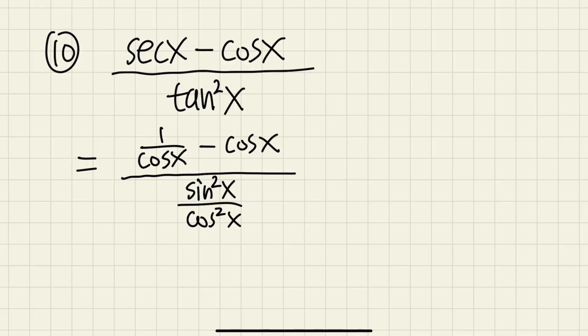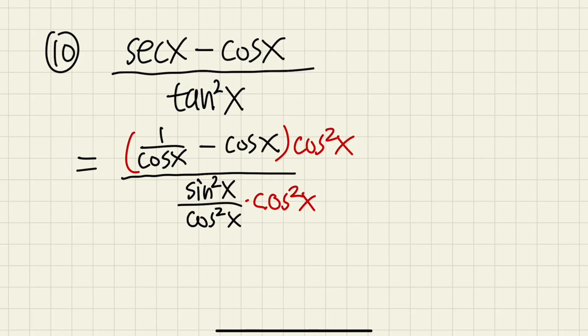So once again, we have a complex fraction, but be careful this time because this is cosine to the first power and this is cosine to the second power. We have to get the lowest common multiple of the denominators. So we will have to pick the one with the higher exponent. So we multiply the top and bottom by cosine squared x.